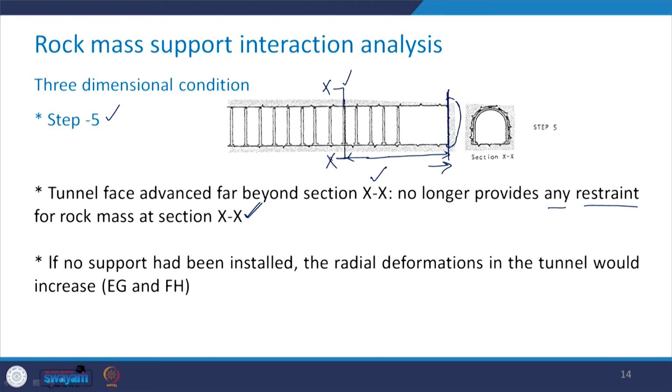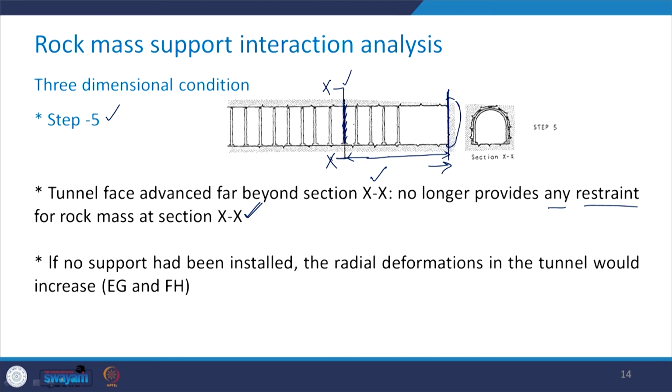Now, in this case the support system has been installed at the section XX, but assume a condition that if no support had been installed, what will happen to the radial deformation of the tunnel?